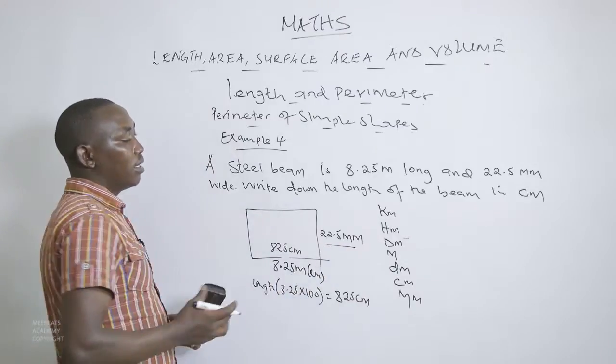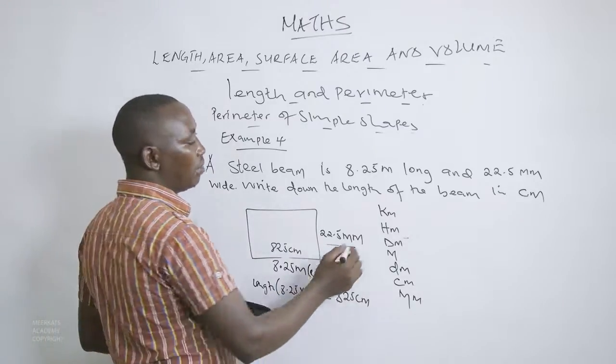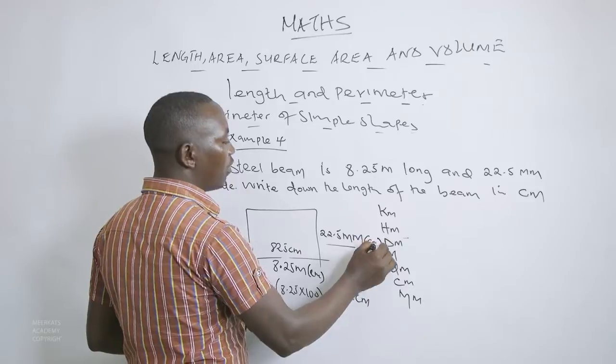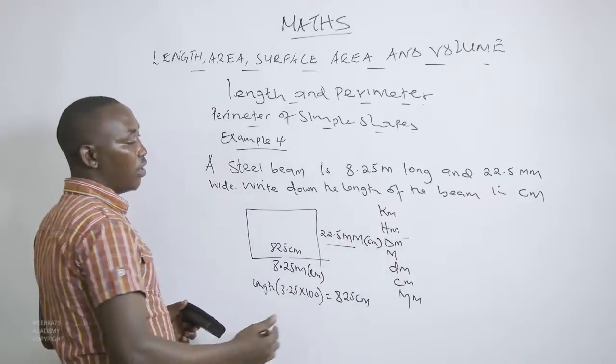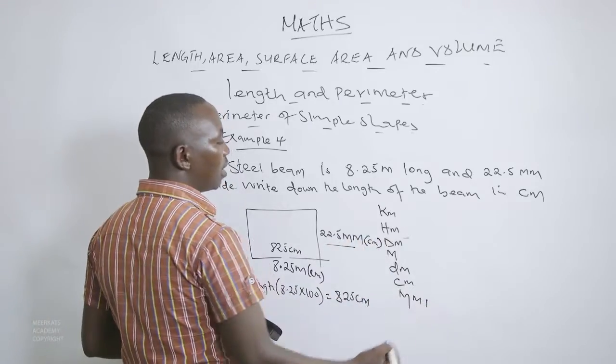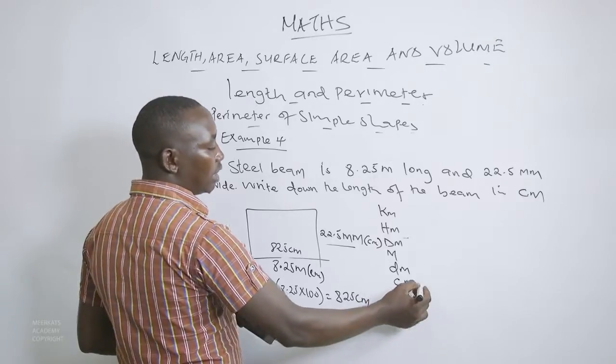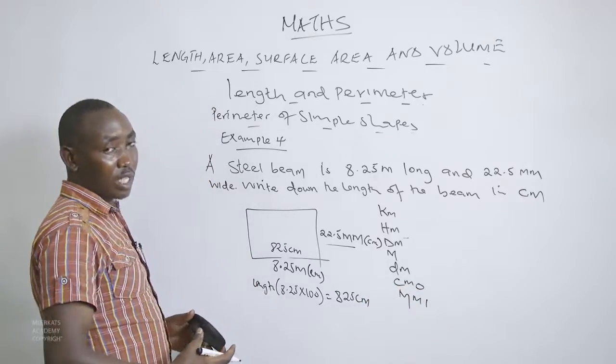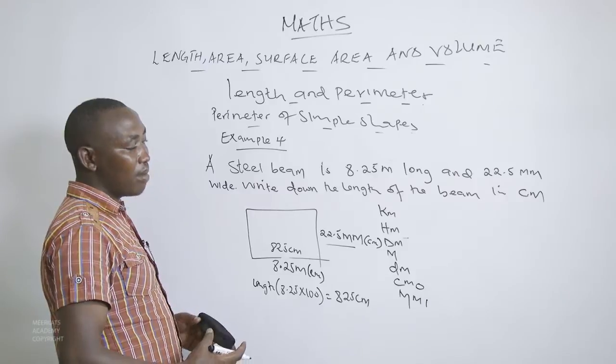For this one, 22.5 millimeters, we are supposed to convert it to centimeters. You go where millimeter is, you locate where centimeter is, it is upward, so that means you're going to divide it by 10.